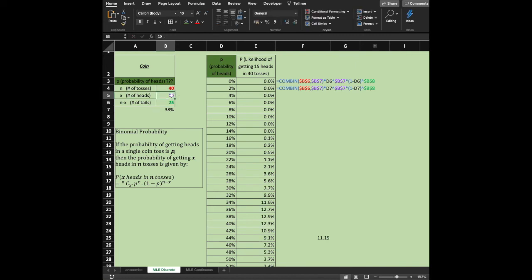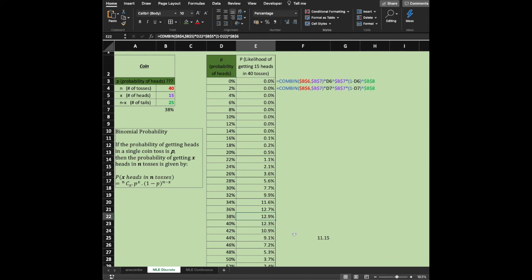You can see that instead of p equal to 48%, now our likelihood maxes out at p equal to 38%. For p equal to 36%, it's 12.7%. For p equal to 40%, the likelihood is 12.3%. And at p equal to 38%, the likelihood is 12.9%. So that's how our answer changes.